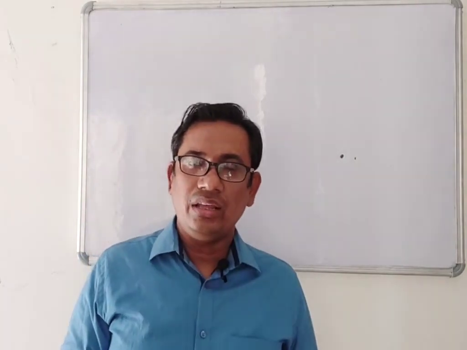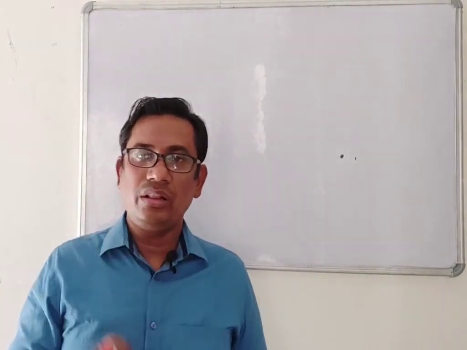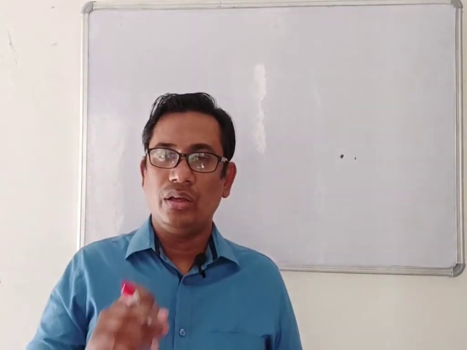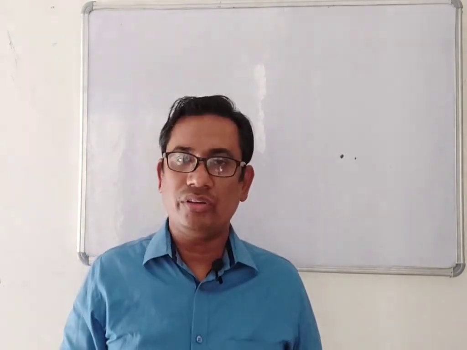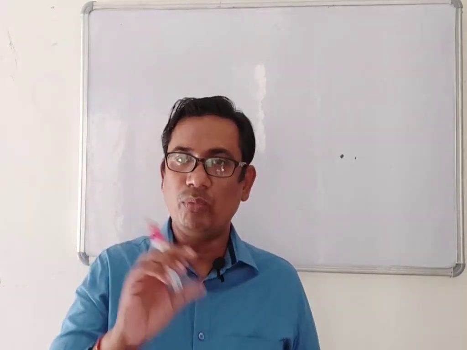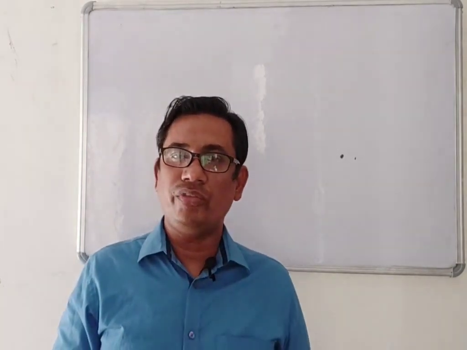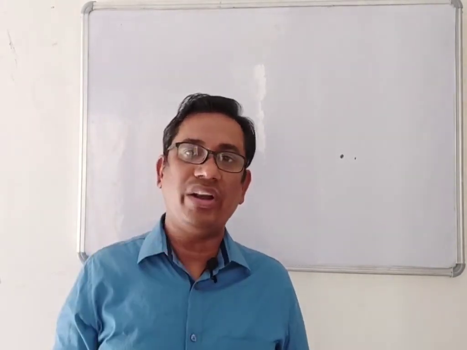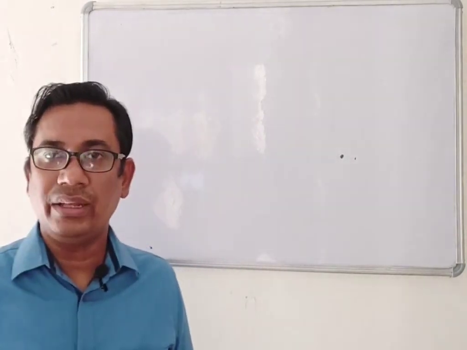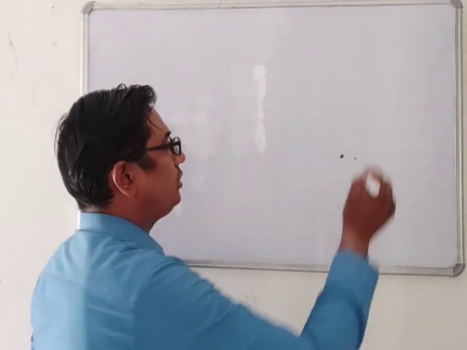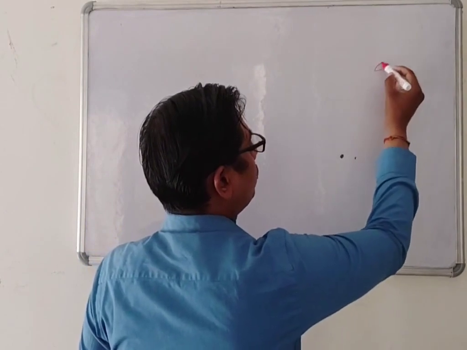All of you know very well that when oil is put on a water surface, or with soap bubbles, you will observe colors when white light is incident. So what will happen in this case? Suppose this is a drop of oil, or suppose this is a soap bubble.